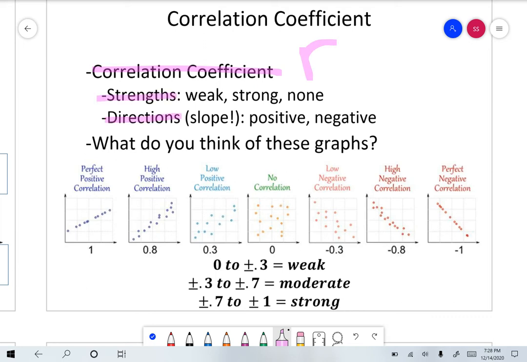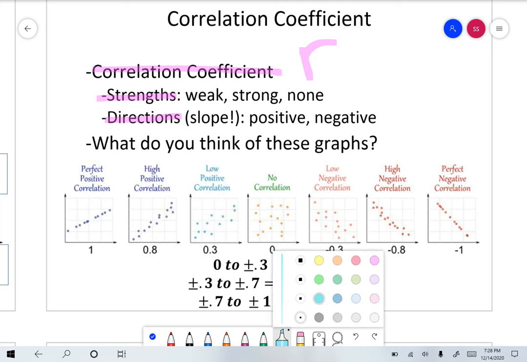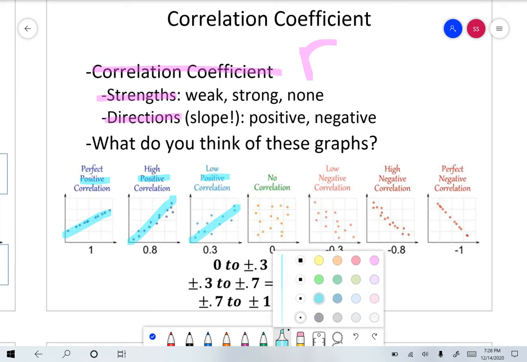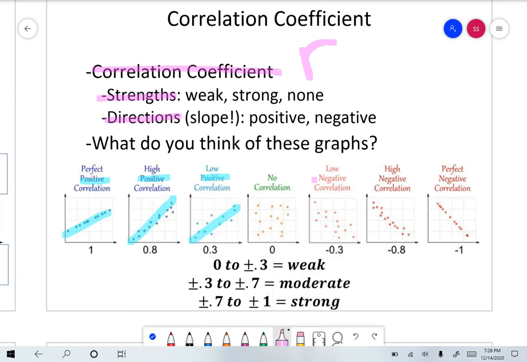So what we notice, we have positive relationships, which means that the slope of the graph is going up. We have negative relationships, which means that the slope of the line is going down.